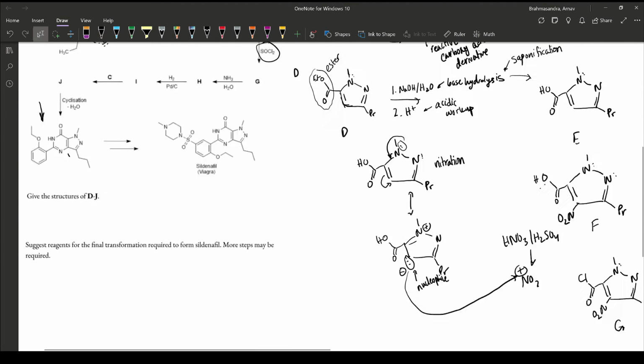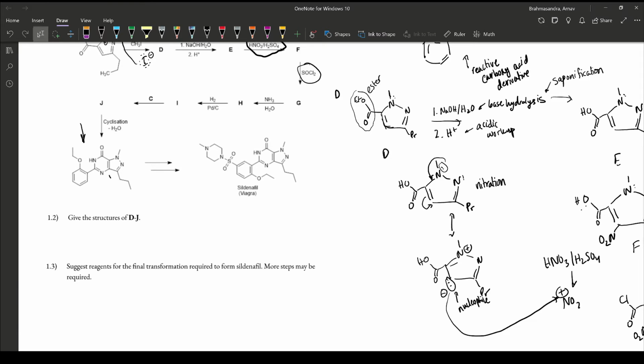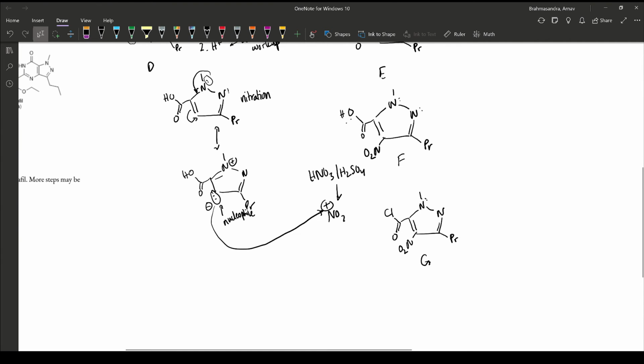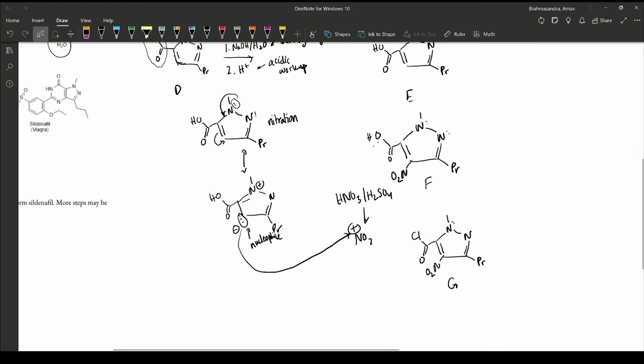Now we can see our next reagents are NH3 and water. So we have ammonia and water. What can an amine do? Notice that we just replaced our carboxylic acid and made it an acid chloride. Why did we do that? We made it more reactive.